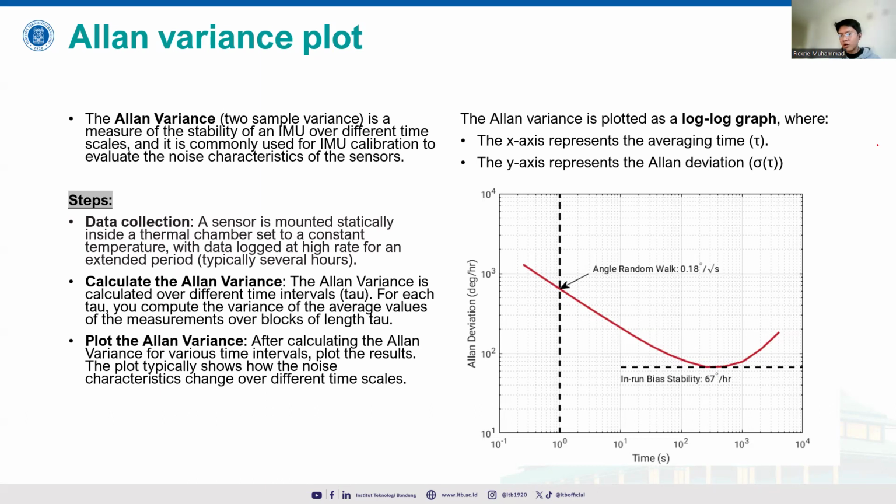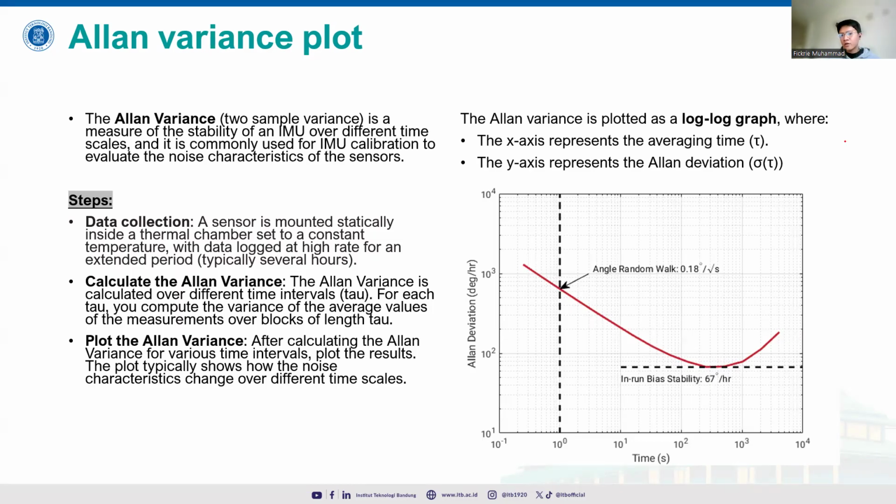Later, if it runs for a longer period, we can see the white noise and also the random walk. And then we plot the Allan variance. We need a longer period of time for the Allan variance plot so that we can see how the bias, random walk, and white noise really behave in our IMU.